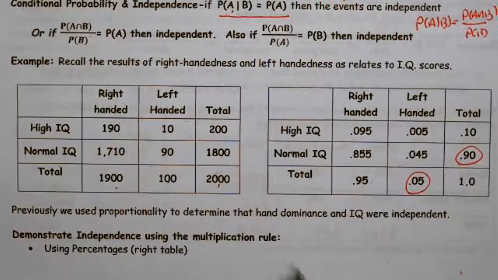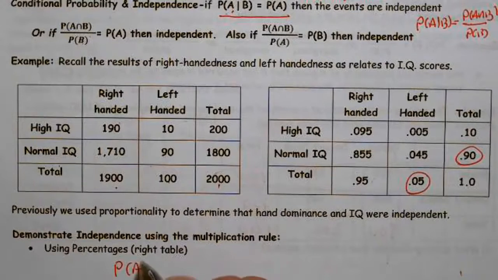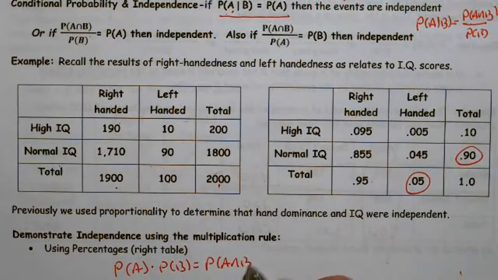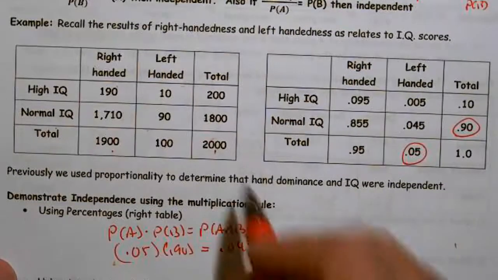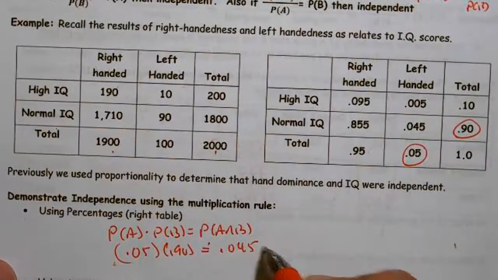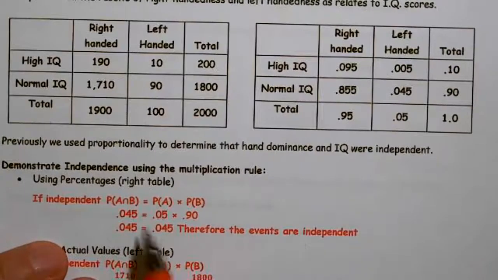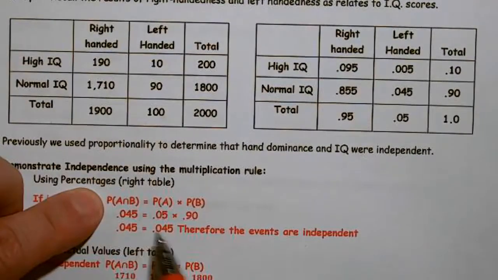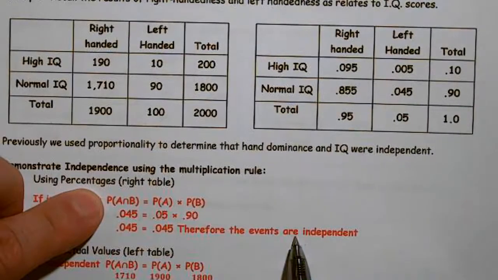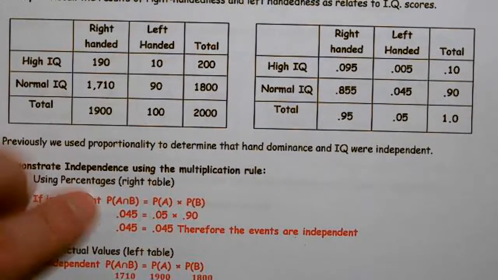The probability of A times the probability of B equals the probability of A and B. So 0.05 times 0.90 should equal 0.045. If I multiply that out, yep, that's true. Because that's true, the events are independent. You need to actually make the comment: you write the formula, you plug in, and state that the events are independent.